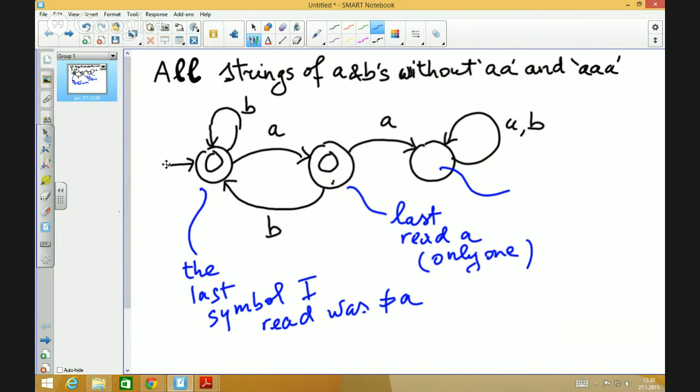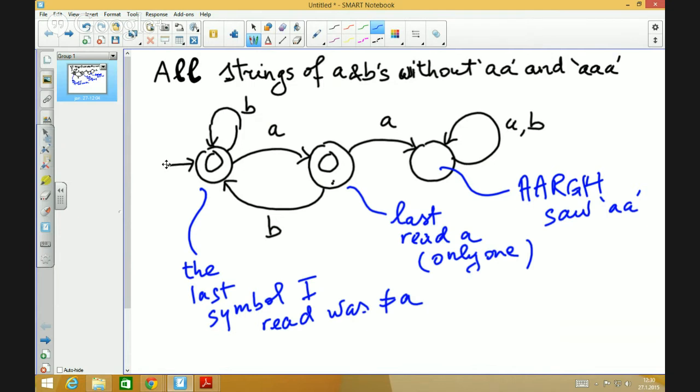This means AA, which is the stuff you didn't really want to see. So if you keep this intuitive explanation in mind, then I think the transitions make complete sense.